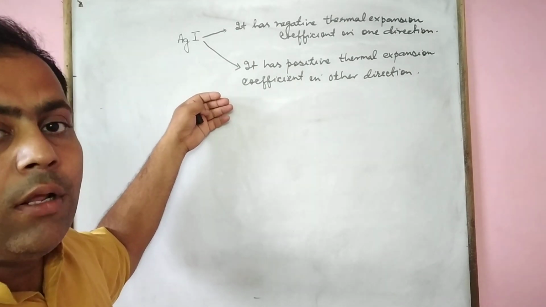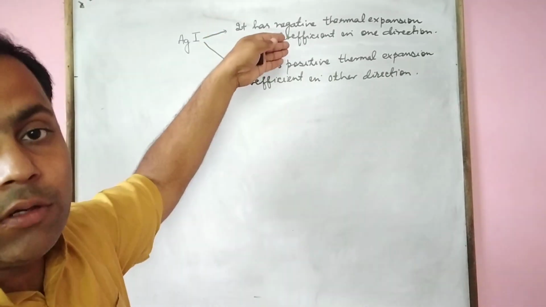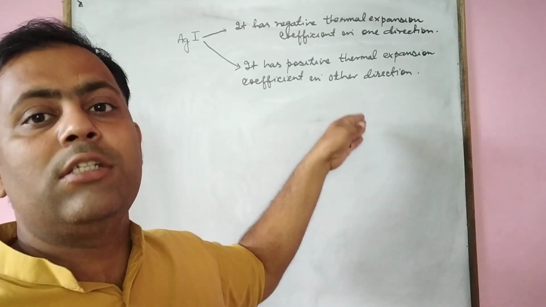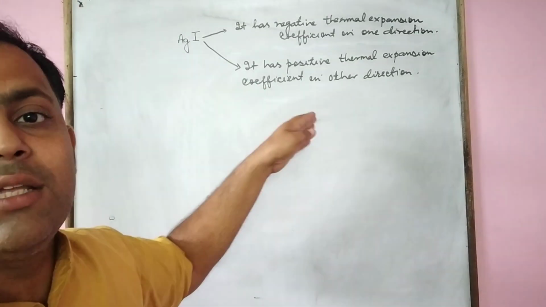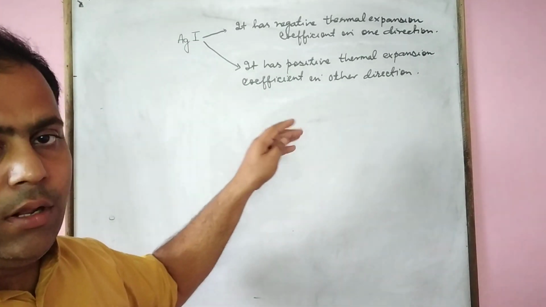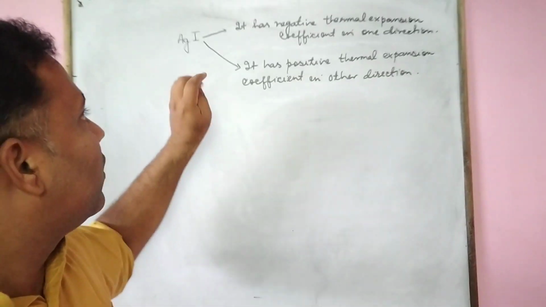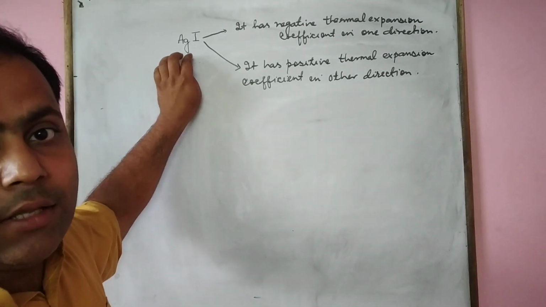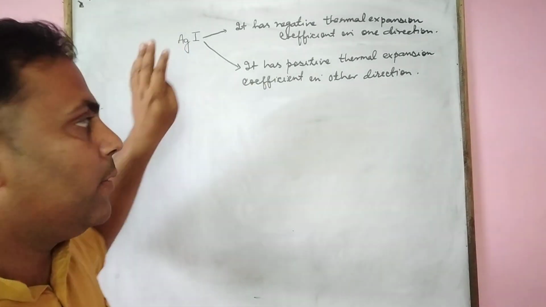That's why we can say silver iodide is anisotropic in nature.